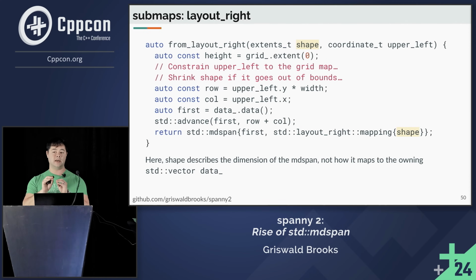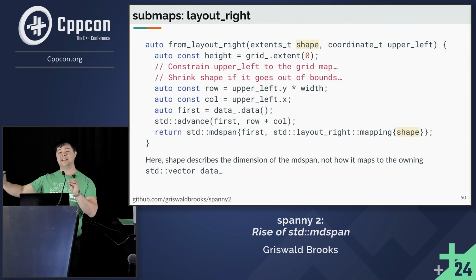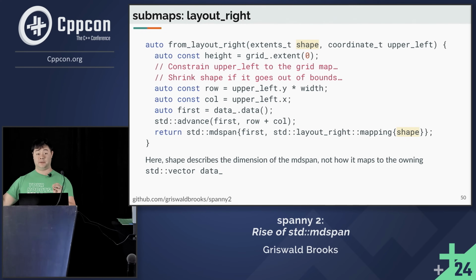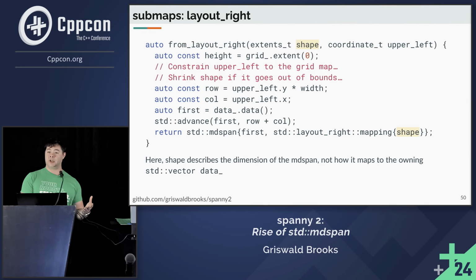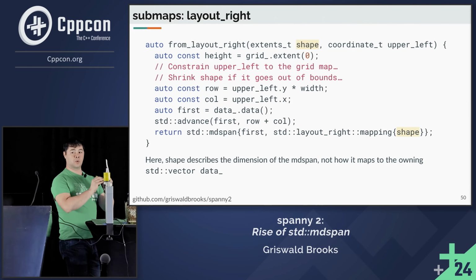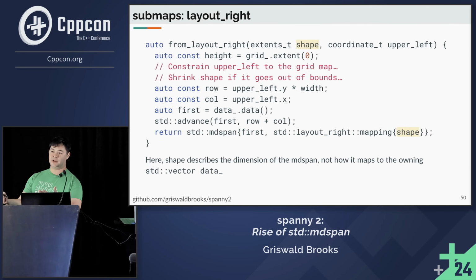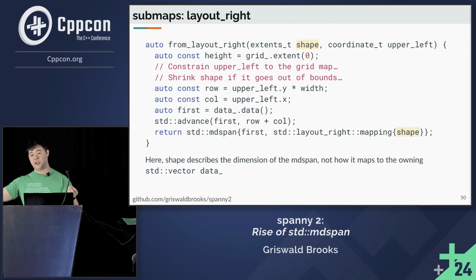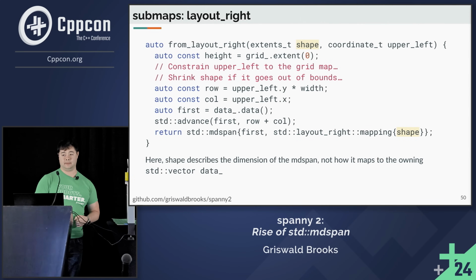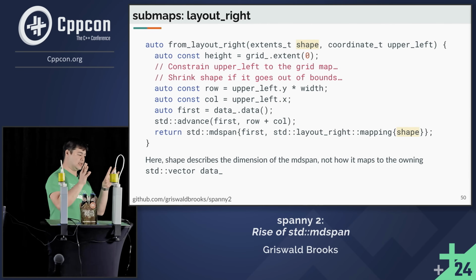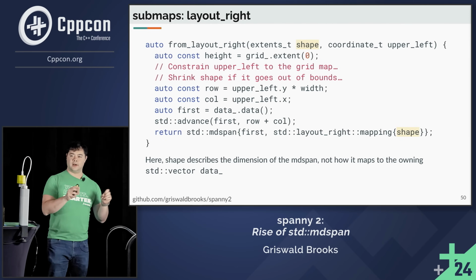But it says nothing about how the underlying data is going to map to those things. So just like how when we made the occupancy grid, that was a one-dimensional thing, here when we're making that layout, passing this pointer, that's going to be one-dimensional too, but we'll just view the thing as a 10 by 10. And that's not what we want here. We want to actually get that little chunk of the map.